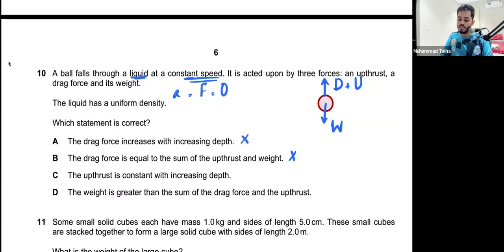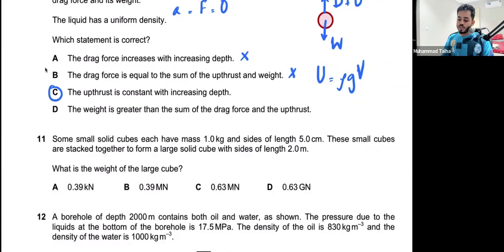The answer is yes, because upthrust is rho g V. Rho, the density, is the same, g is the same, and if it's already beneath the water, the volume will also be the same. So upthrust will also be the same because all of the factors affecting it are the same. So the answer for 10 is C. Why is D wrong? Weight is greater than the sum of drag and upthrust, which is also wrong. It's exactly equal.